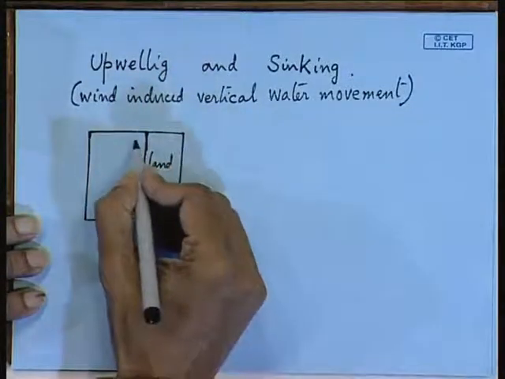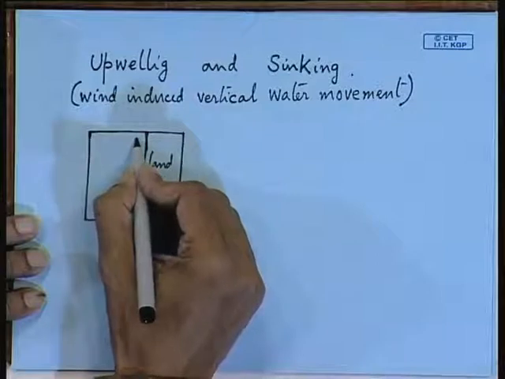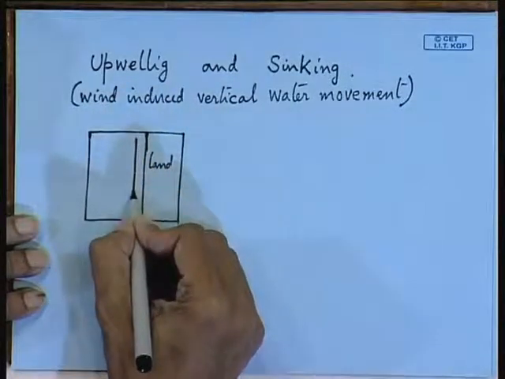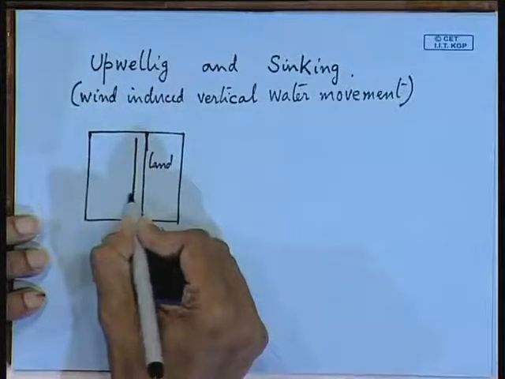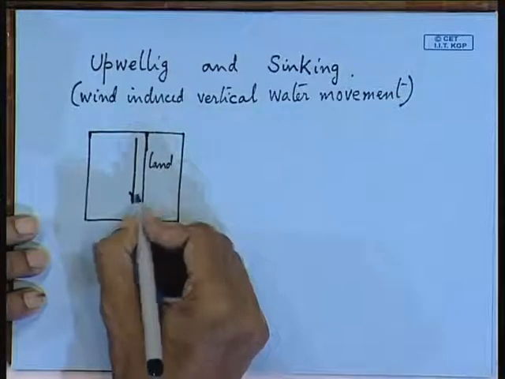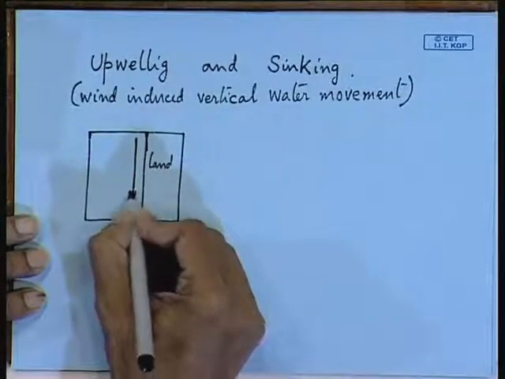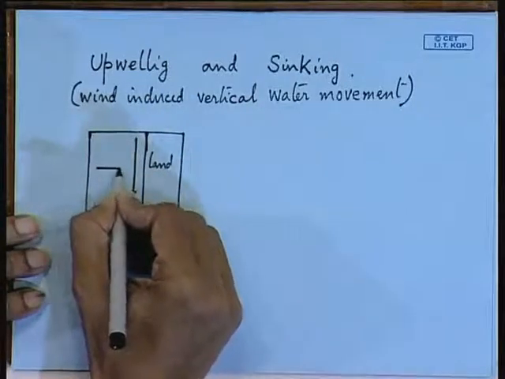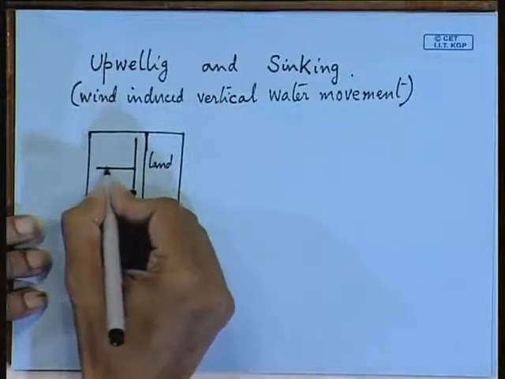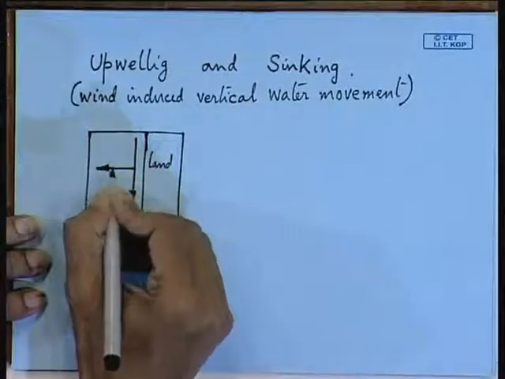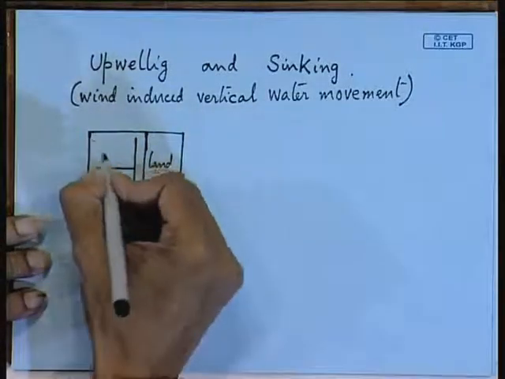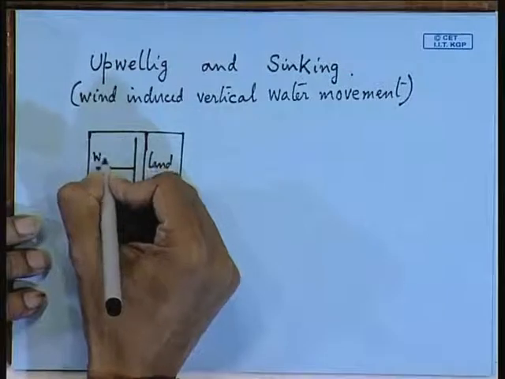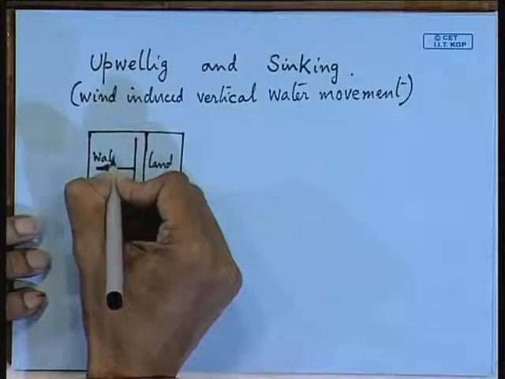Now your wind is going in this direction. Now you are taking the northern hemisphere, so the deflection of the water will be towards the right. That is your surface waters. So net water movement will be towards the right in the northern hemisphere.